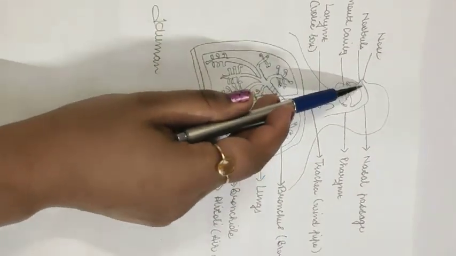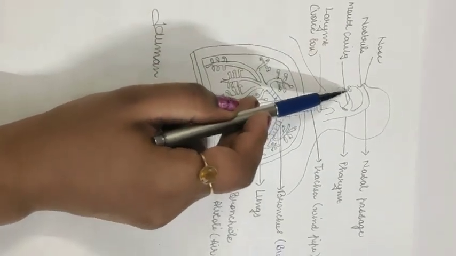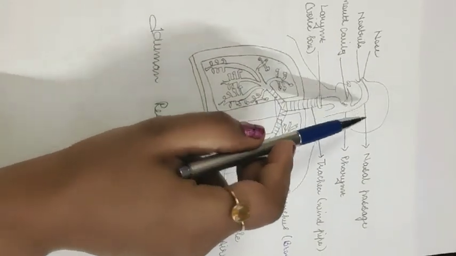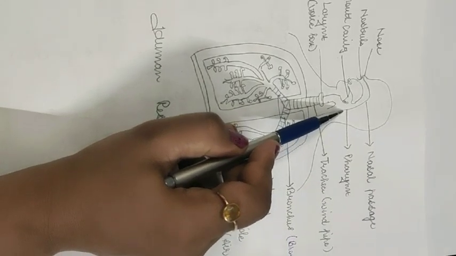Here is the nose, below the nose are the nostrils, and here is the mouth cavity or buccal cavity. At the back of the nostrils is the nasal passage. This is called the pharynx.